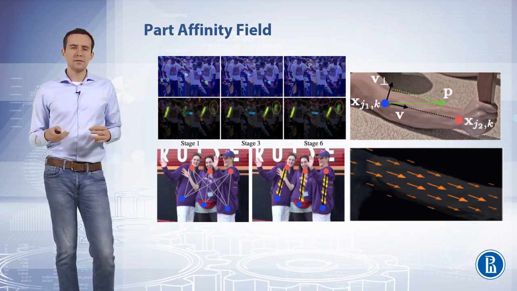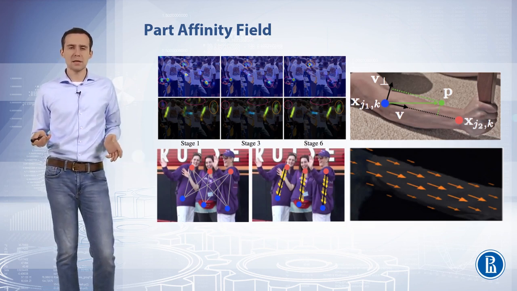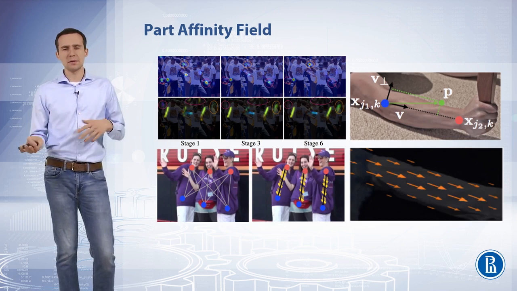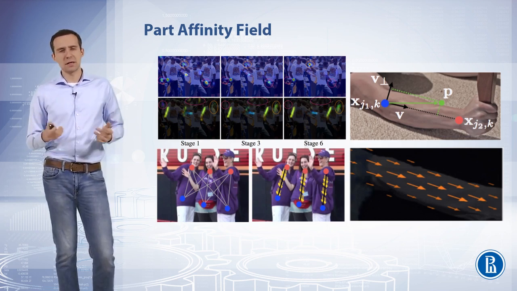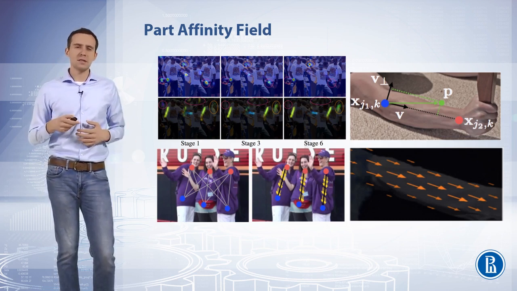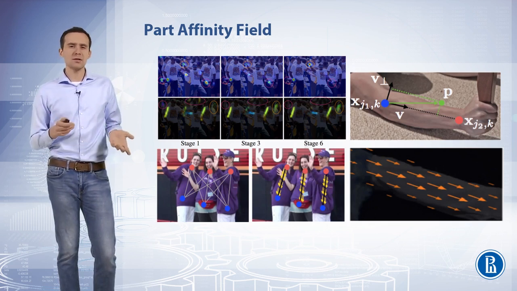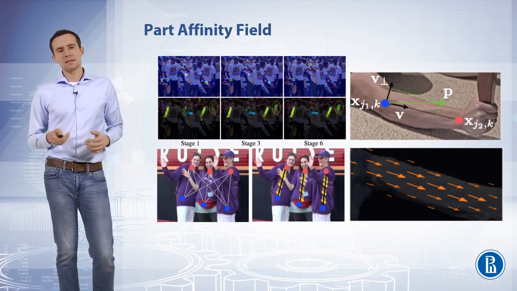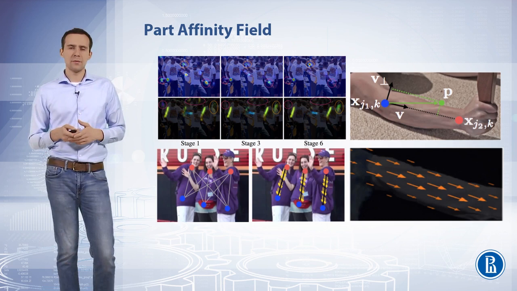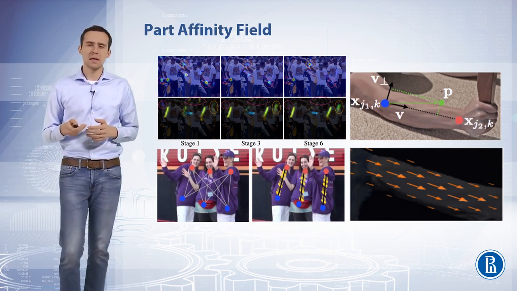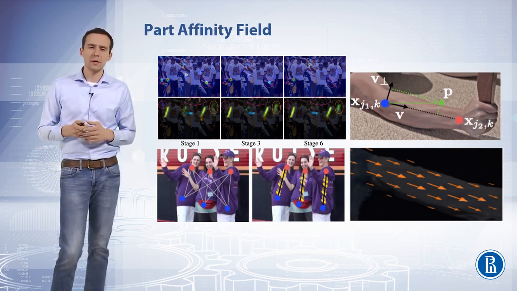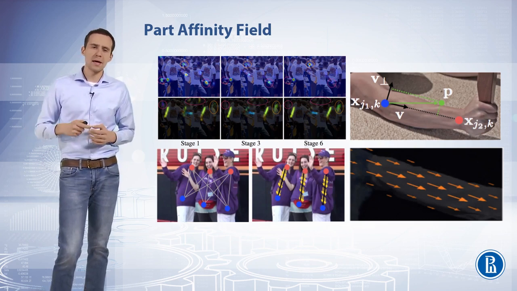For other points, the vector is zero valued. Having these key point candidates confidence maps from our convolutional neural network and orientation of limbs, we could find the optimal association of key points to people by solving a maximum weight bipartite graph matching problem for a graph where vertices are the key point candidates and edges are weighted limbs, as in the bottom left picture. The weights are the confidence of the association, and they can be calculated as the line integral over the corresponding affinity field along the line segment connecting the candidate part locations.